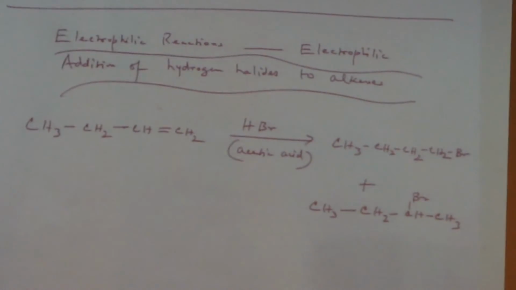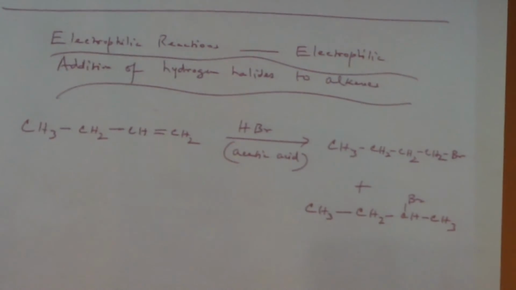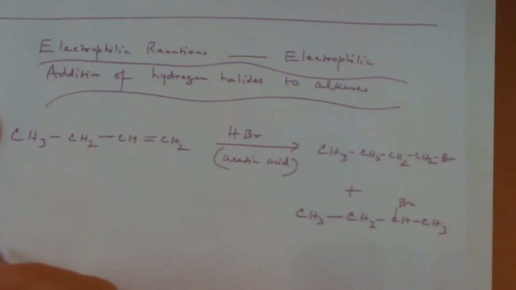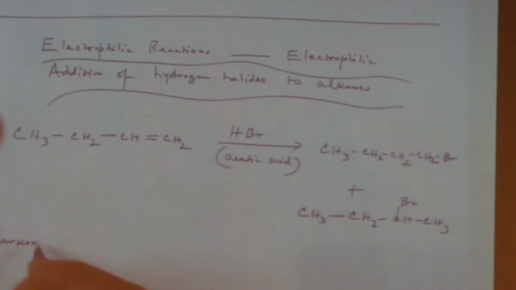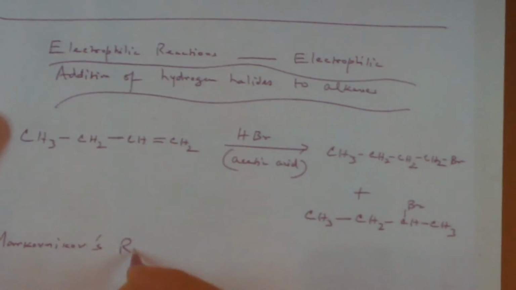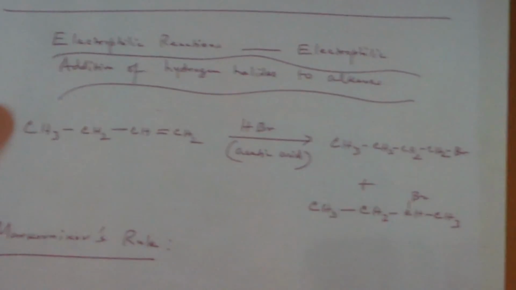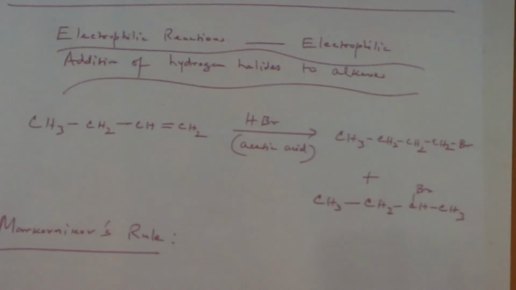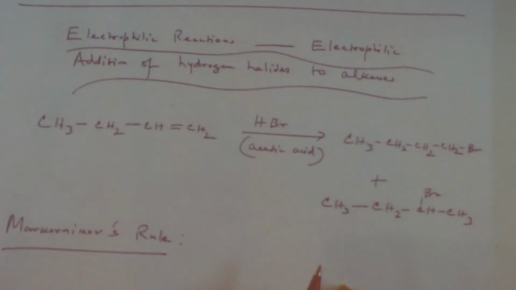And it turns out that one of the colleagues of Zaitsev, his name was Markovnikov, predicted which product would be formed in excess. Because again, this is a regioselective reaction.